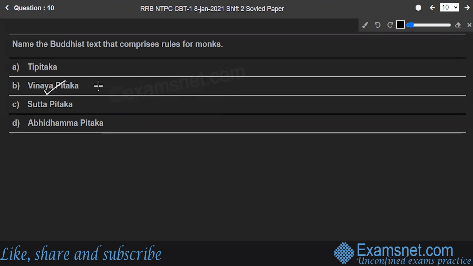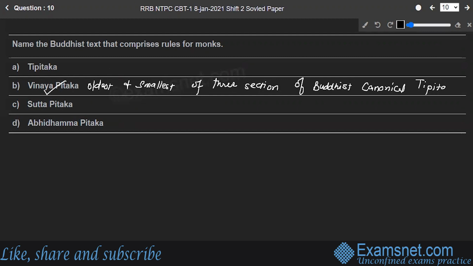It is the oldest and smallest of the three sections of Buddhist canonical Tipitaka, which means triple basket.